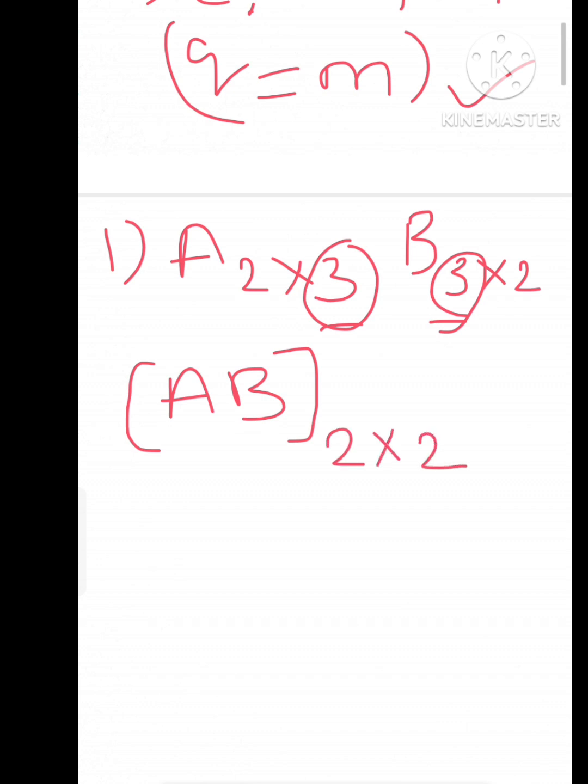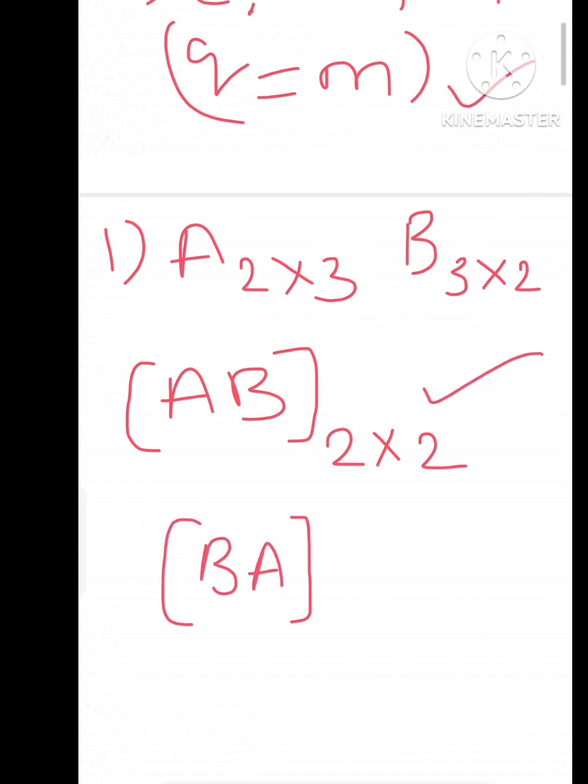So A and B multiplication is possible, and we also check B into A. For this, the number of columns in the first matrix must equal the number of rows in the second matrix. Here also 2 and 2 match, so it is possible, and we get B into A with order 3 by 3.